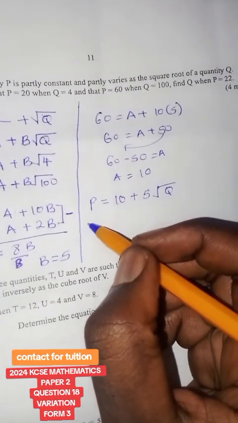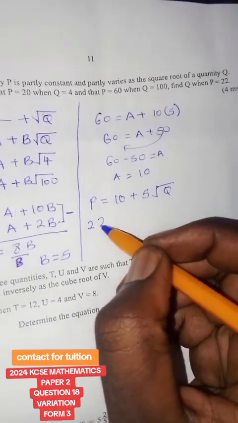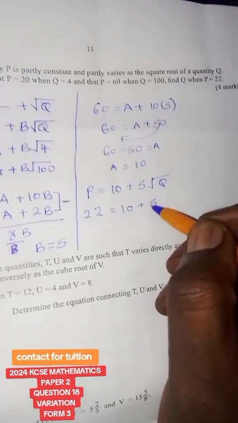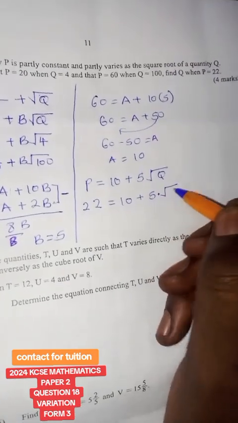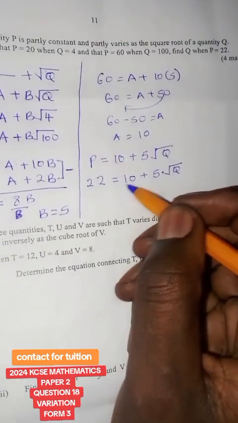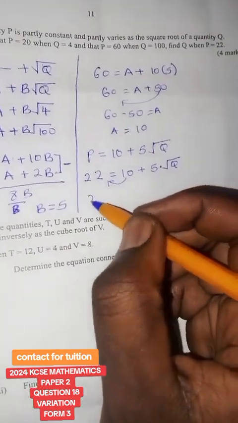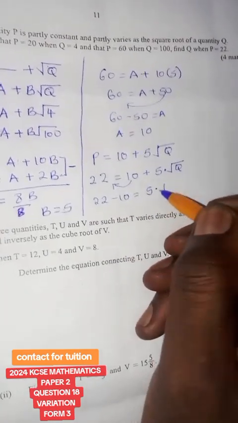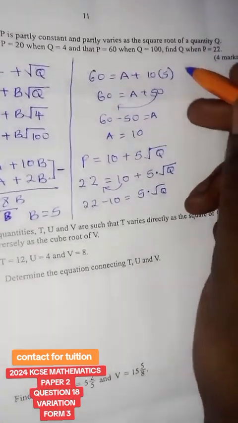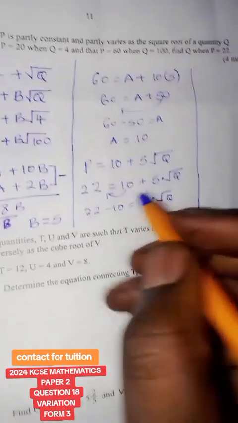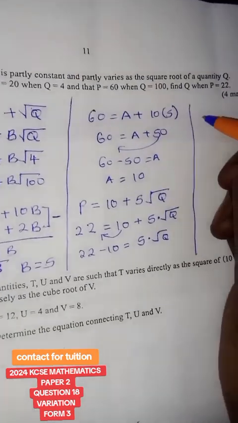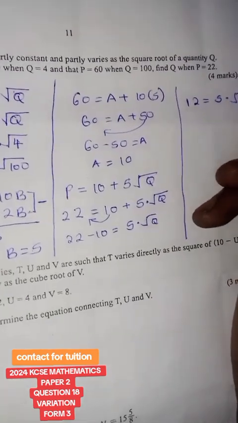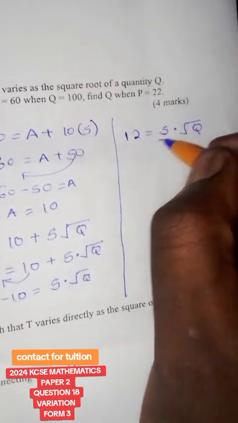So 22 is equal to 10 plus 5 times the square root of Q. Collecting like terms, 22 minus 10 is equal to 5 times the square root of Q. So 12 is equal to 5 times the square root of Q. I divide both sides by 5.